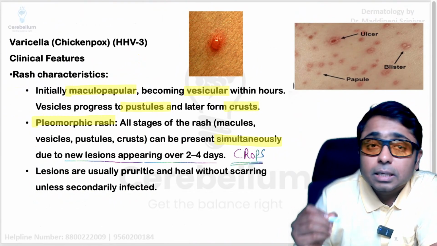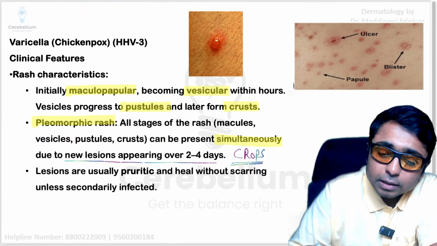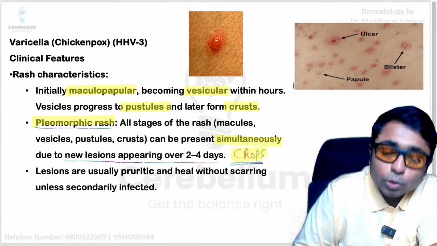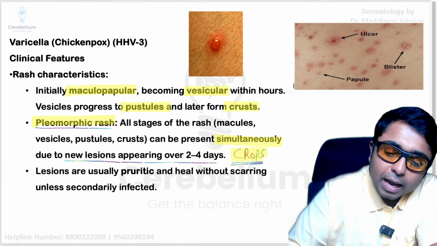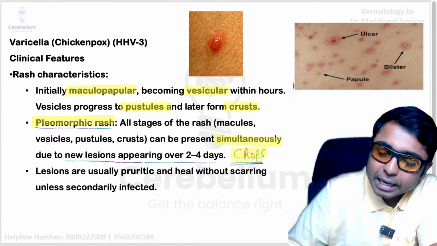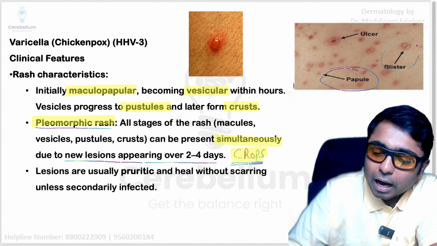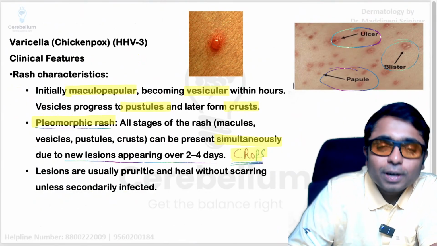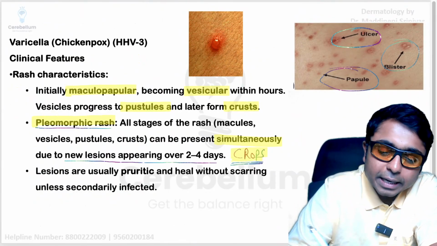So these terms which I am telling you are very important. The crops, pleomorphic rash, so you should write them down and underline them. Okay, and here you are able to see in the picture there are papules, there are vesicles, and there are ulcerations also. And remember to write down one more buzzword related to varicella.